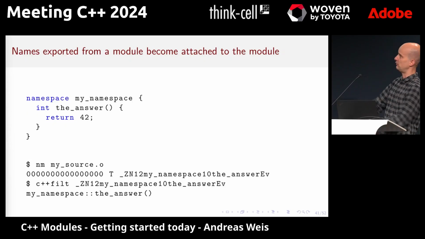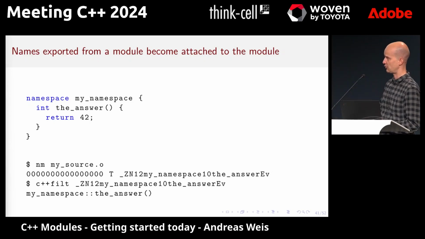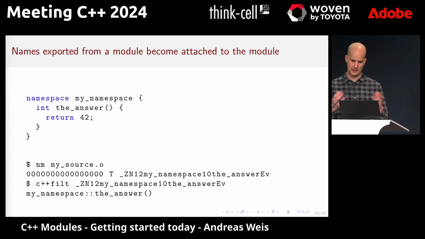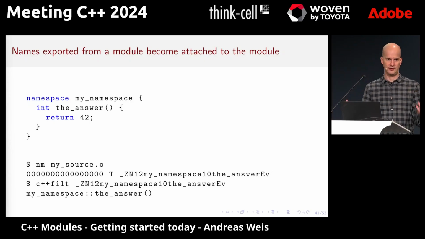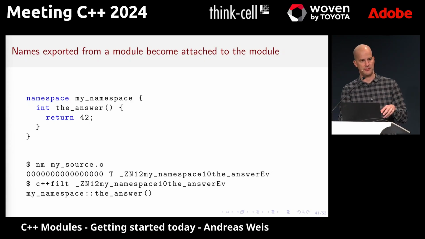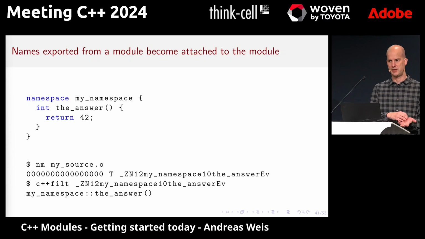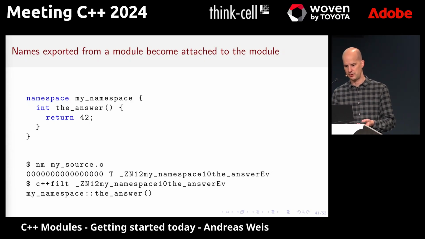And then if you put that function into a namespace, you will also see that the namespace becomes part of the mangled name. Also, if you change the signature, if you add parameters, they also become part of the mangled name. The return type is not part of the mangled name in C++, right? That's one of the reasons why we can't overload based on return types.